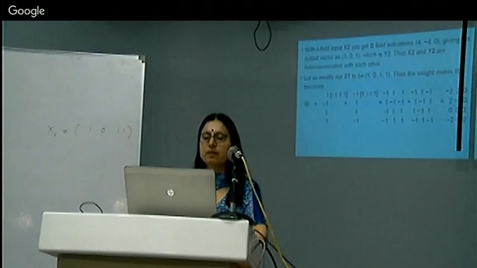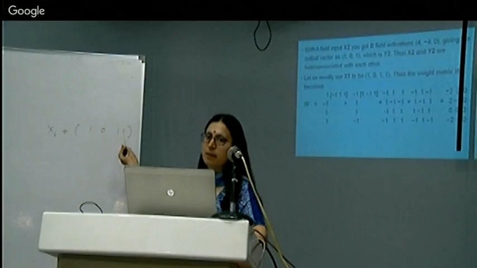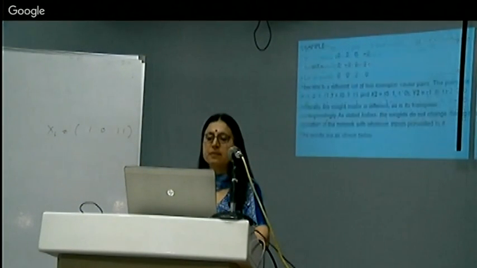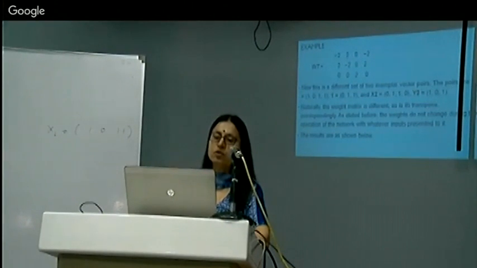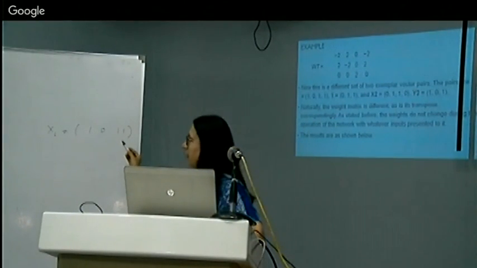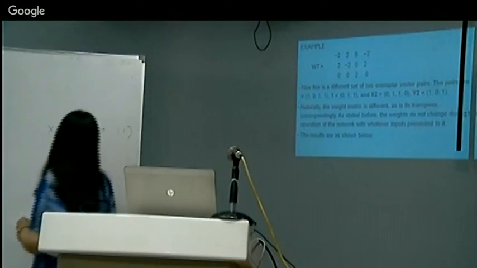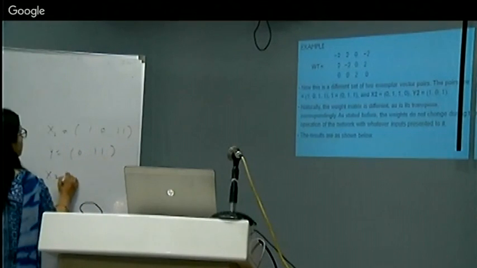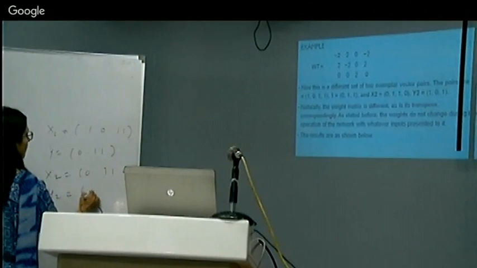So when we modify the weight matrix, we take the bipolar vector 1, -1, 1, 1 and find the weight matrix. And we take the transpose to find the weight matrix between field B and A. So now the input patterns are x1 is 1, 0, 1, 1 and y1 is 0, 1, 1, and x2 is 0, 1, 1, 0 and y2 is 1, 0, 1.